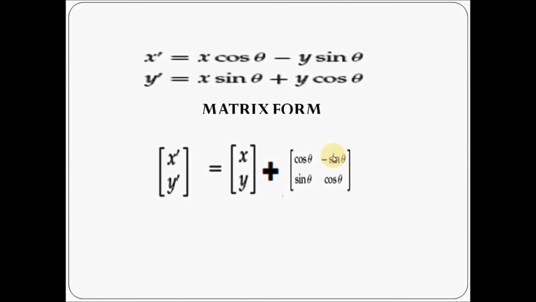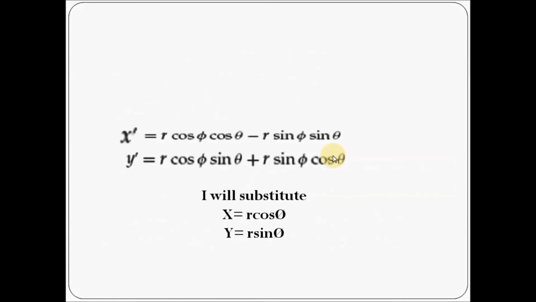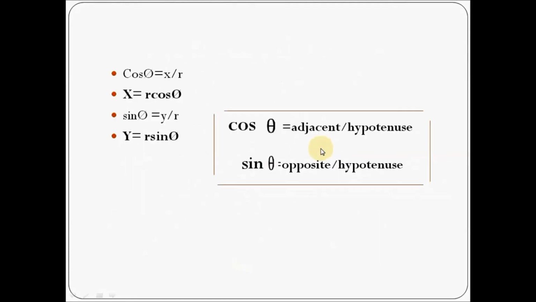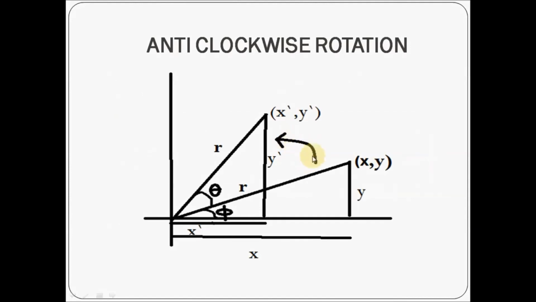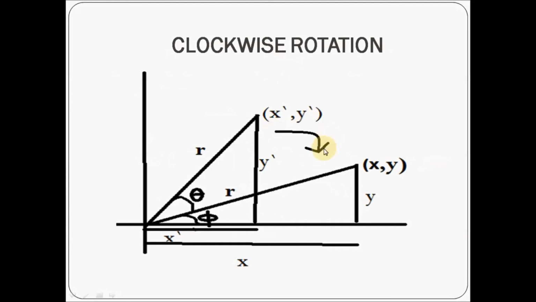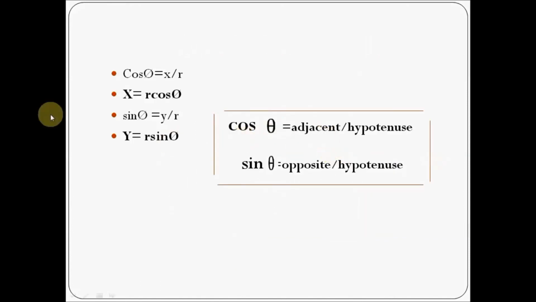Now in the same way we will discuss clockwise rotation. For clockwise rotation I am considering the same thing, but the only difference is the direction of the rotation. In anti-clockwise it goes like this, in clockwise like this. Everything remains the same, only the rotation direction changes.